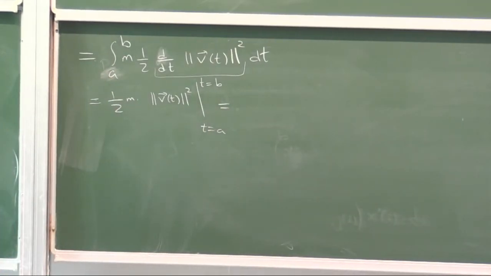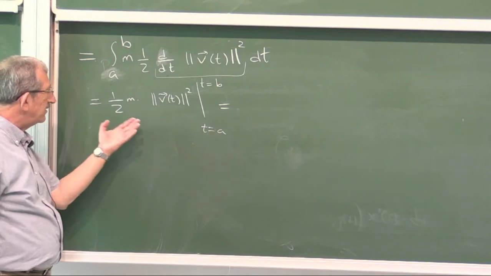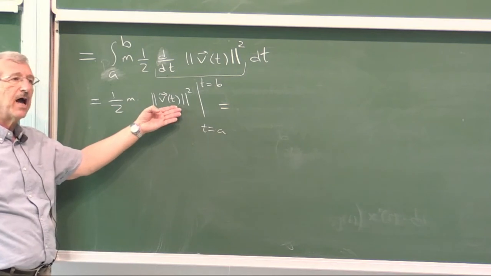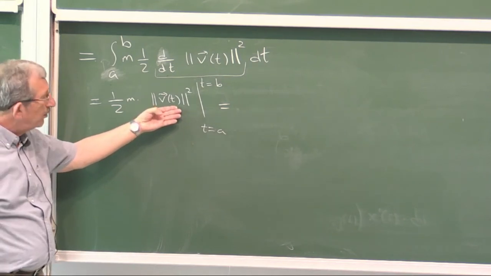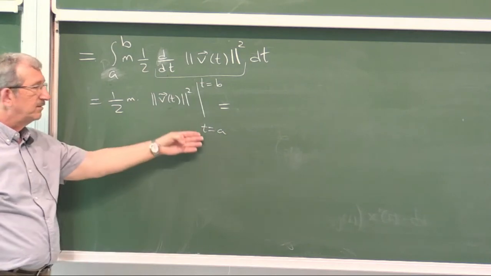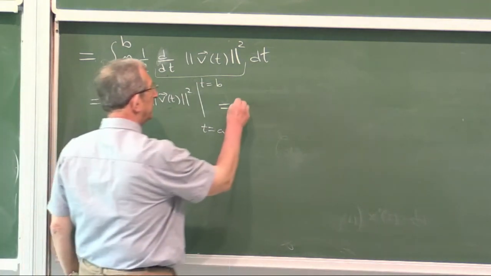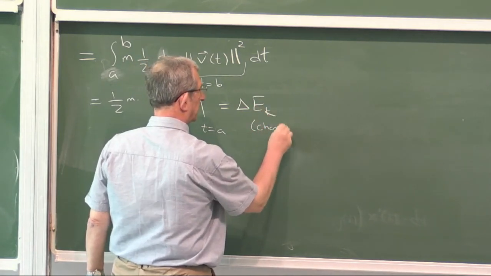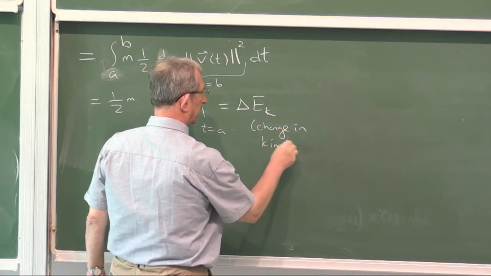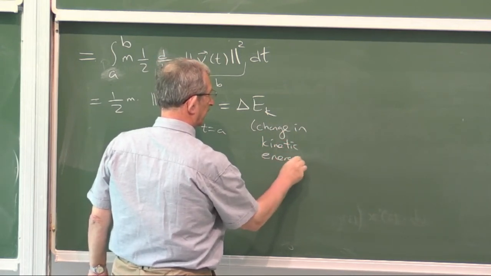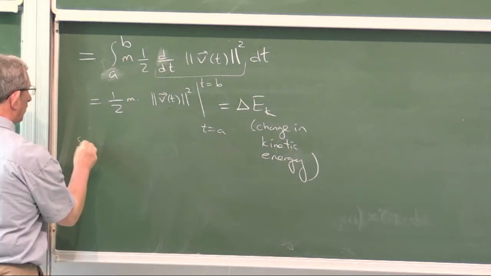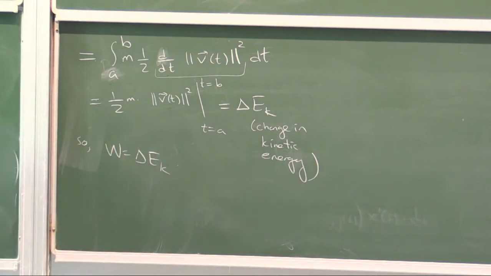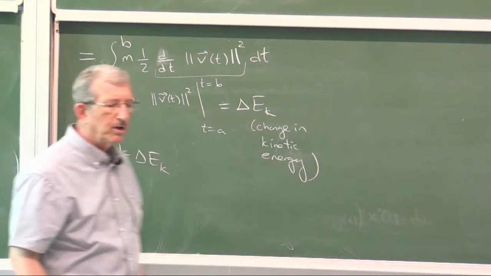When we take a closer look at it, we see that it's 1/2 m, the speed squared, which is defined in physics as kinetic energy. So the kinetic energy at the end minus at the beginning is the change in kinetic energy. So work done is the change in kinetic energy. So we proved this in the general formulation.